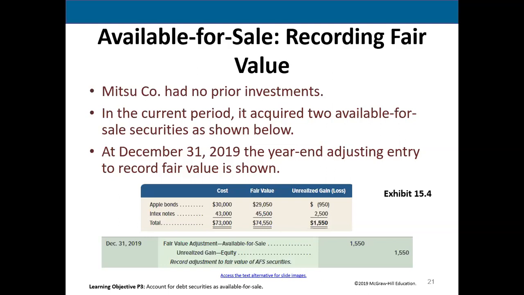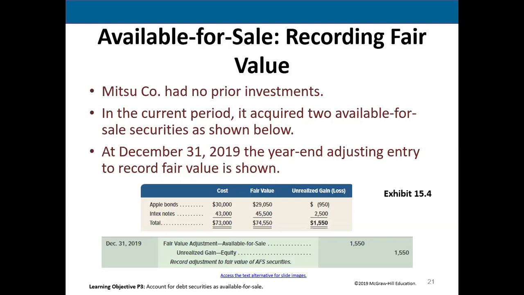So their debt investment account in their general ledger has a debit balance of $73,000 because that's what they paid for it. But the accounting rules say when you have debt investment in the available for sale category, at the end of the year, report them at their fair value. Now, we don't do this for each individual investment in this category. We say, what was the cost of all of the debt in this available for sale category? $73,000.